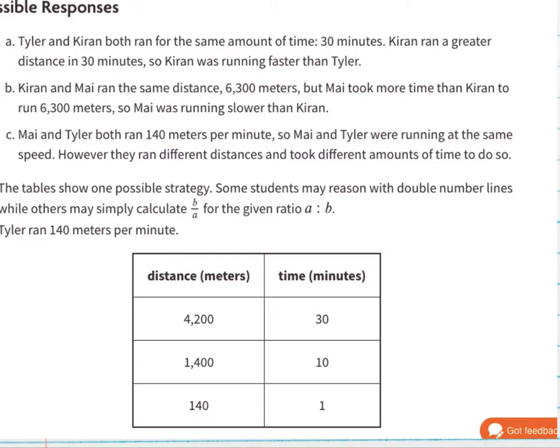So 4,200 and 30 is your minutes, 1,400 is 10 minutes, 140 in 1 minute. And then one possible strategy, you could do a double number line, but you also may do a division problem.